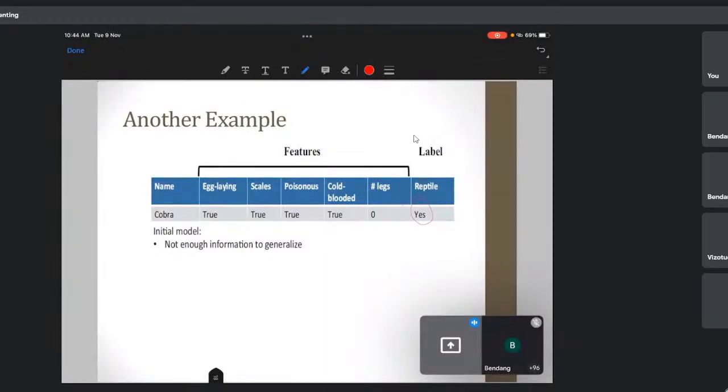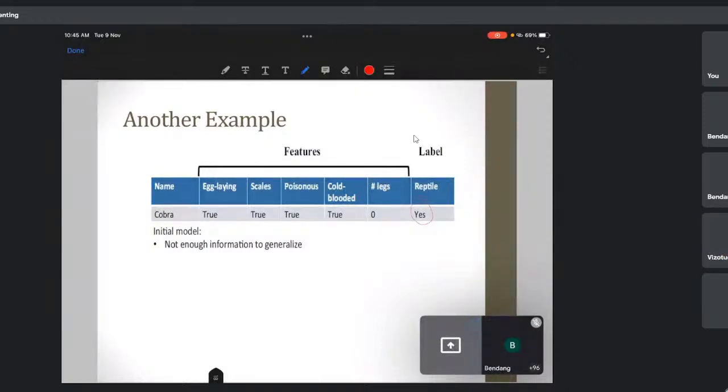So here we are basically looking for a model that will help us find whether a particular creature is a reptile or not. The first data point that we have here is cobra. It's a reptile, and we have considered some features like egg-laying, scales, poisonous or not, cold-blooded, and how many legs are there.